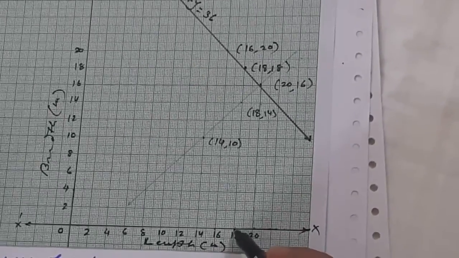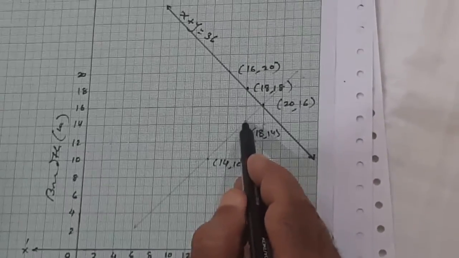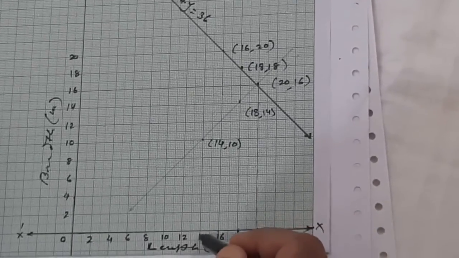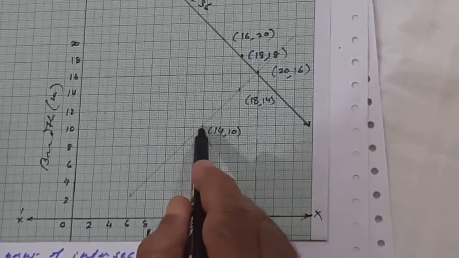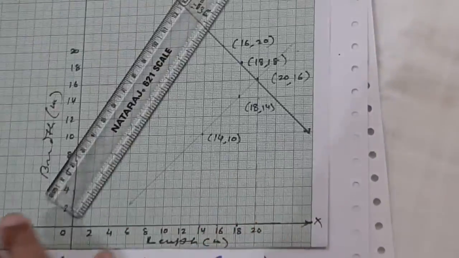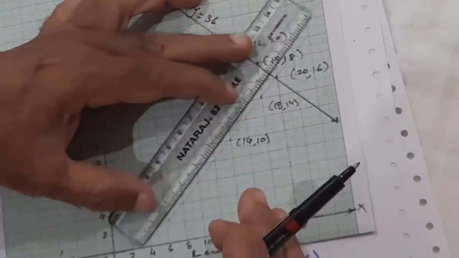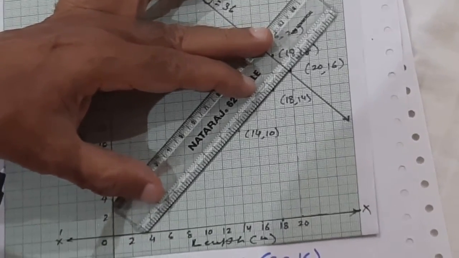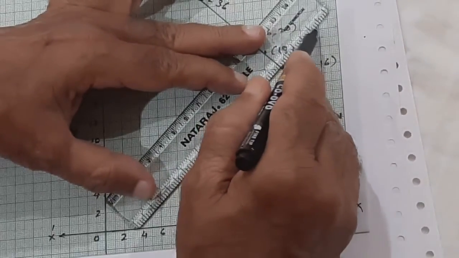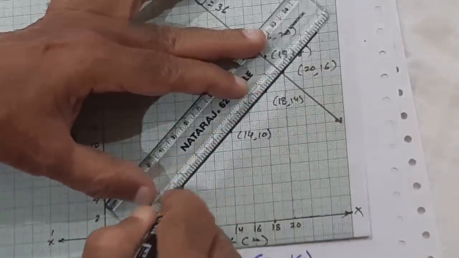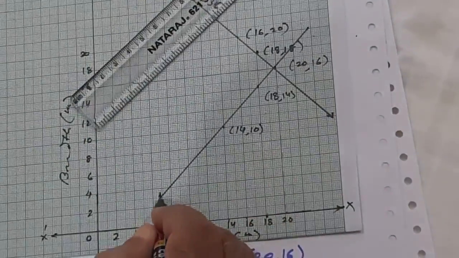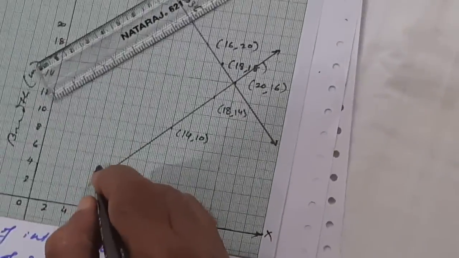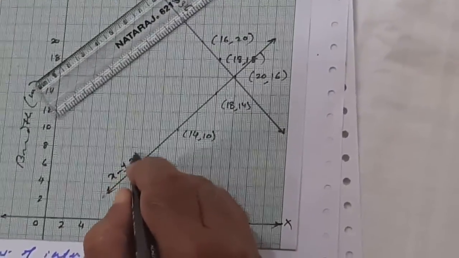This is the 18 and y value is 14. So this is the point. And the next point is 14, 10. So this is x value 14 and this 10. And we'll draw the line through this. And this will be x minus y is equal to 4.